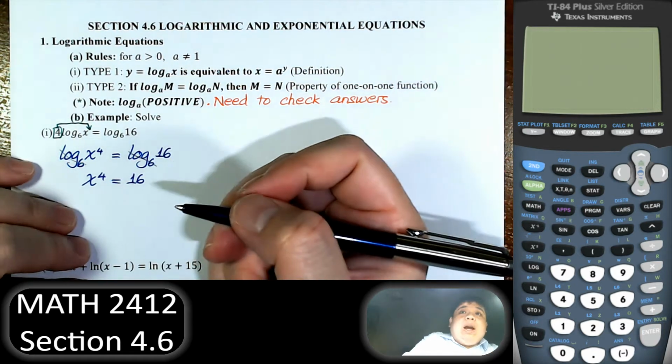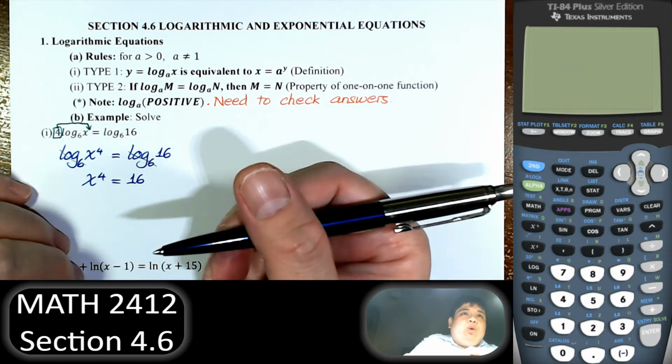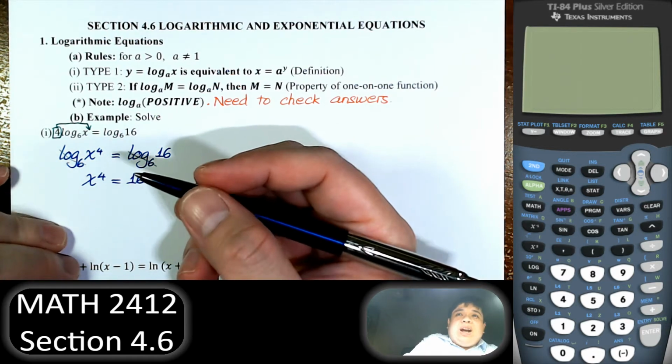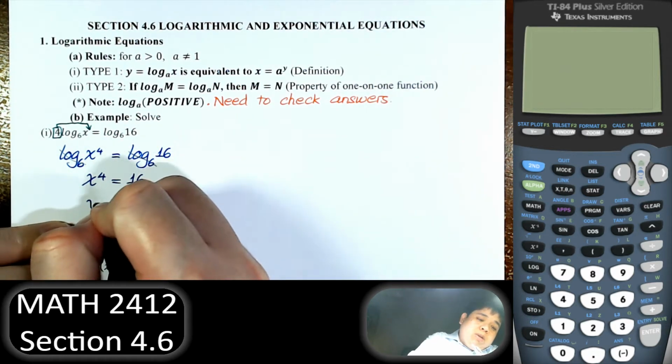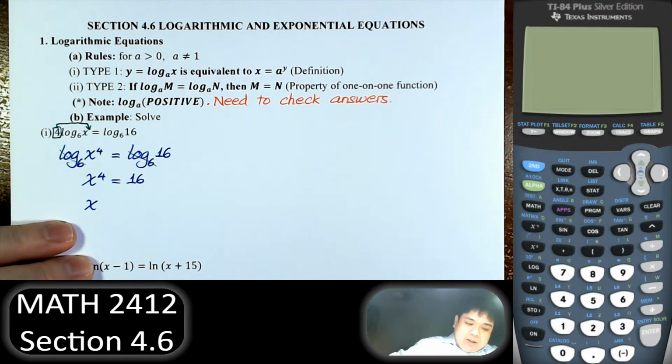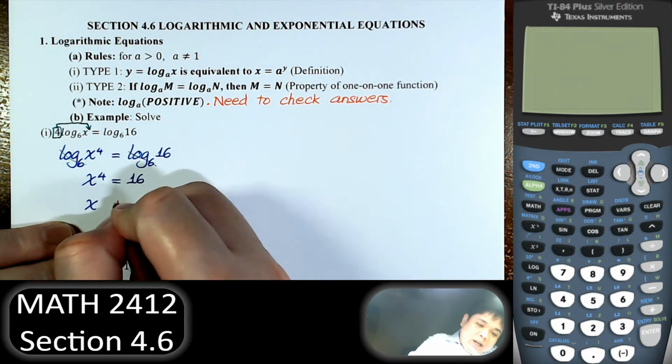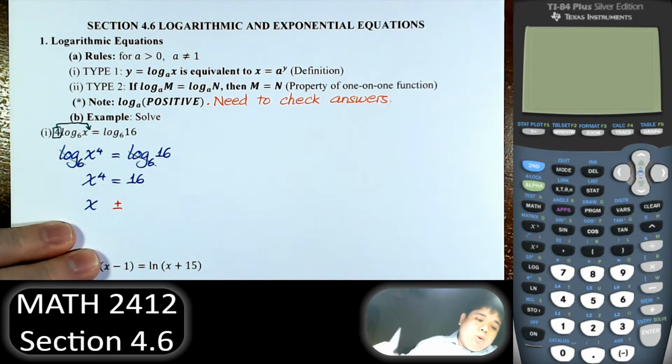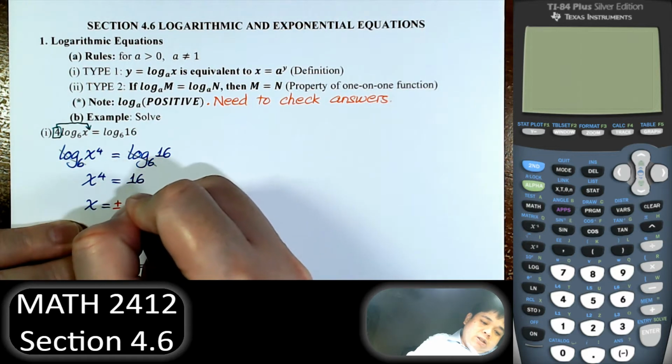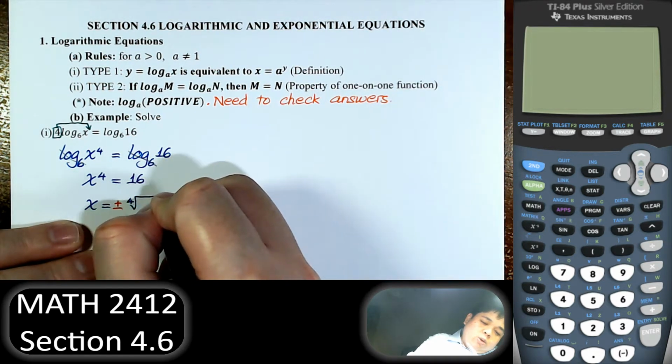Now if we want to get back to x, we can take the 4th root on both sides. But just like when we take any even root, there should be a plus or minus. This is the 4th root of 16.